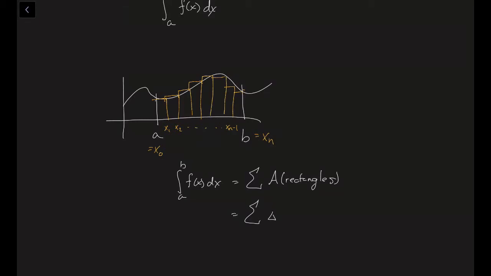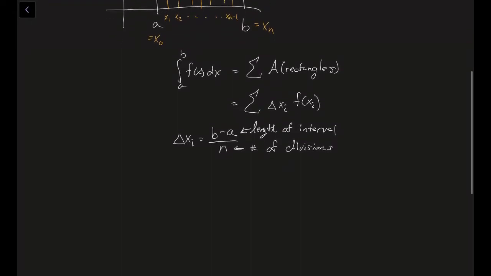And we know that that is the sum of delta x sub i times f of x sub i, where delta x sub i is going to be b minus a over n, where n is the number of divisions, and b minus a is the length of the interval. And x sub i is going to be one of these endpoints. Or we can do it in the middle, or we could do it on the left side. So it depends on how you want to use your Riemann sum.